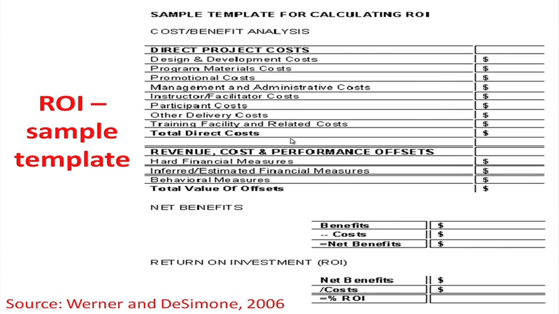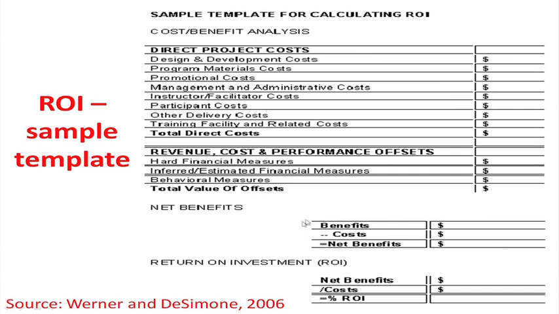Okay. So, calculate the direct cost in monetary terms, then you have other costs like using hard financial measures, say inferred estimated financial measures, behavioral measures that you are going to use and how much it costs, and then this total value has to be calculated in order to find out the total cost, and then you look at the net benefits that you are going to derive.